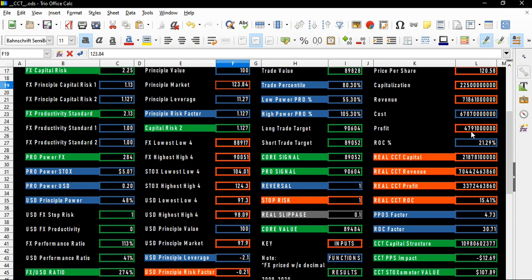So when you're talking about value investing, you can't value invest at all without the CIS CCT Pro Calculator and the Stoxometer. Not anyone in the history of the world in markets has ever done this, ever. Everyone uses these reported numbers, and they're incorrect because they're not qualitatively weighted based on the market standards.